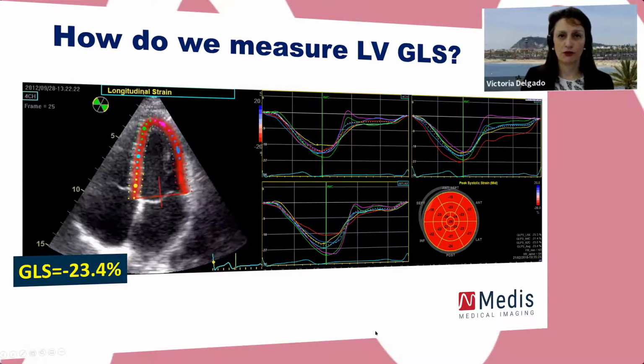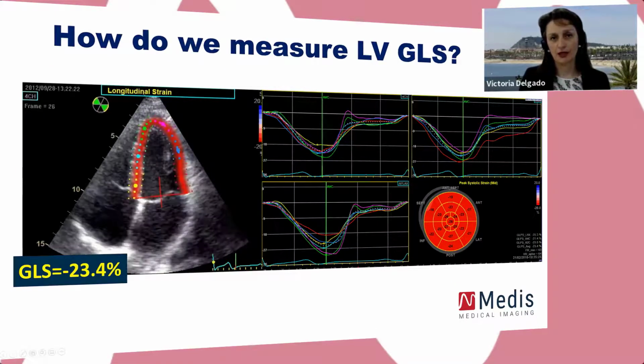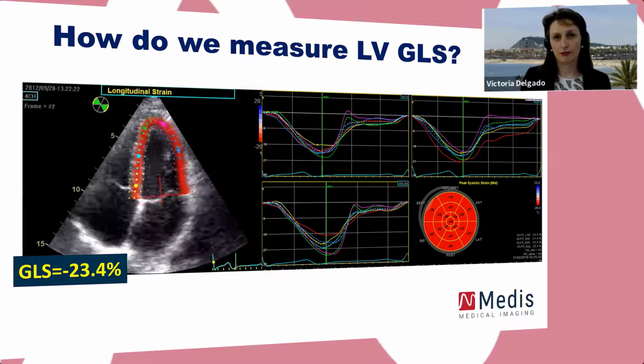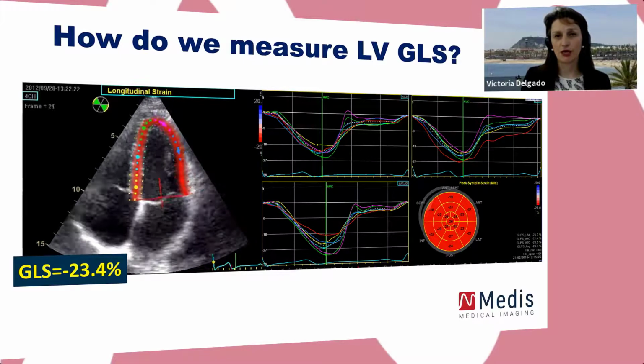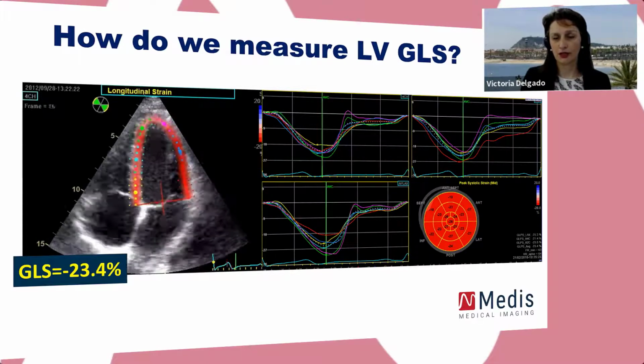How do we measure global longitudinal strain, which is the modality most frequently used in clinical practice? Basically, we take the 3 apical views, the 4-chamber, 2-chamber, and 3-chamber apical views, and we trace the endocardial border, and the software derives the deformation of the myocardium along the entire myocardial wall.